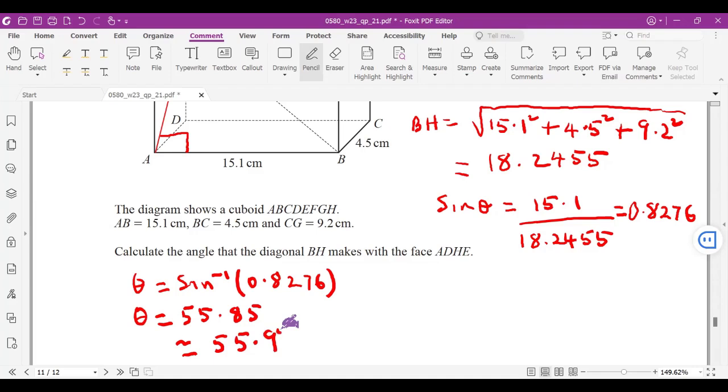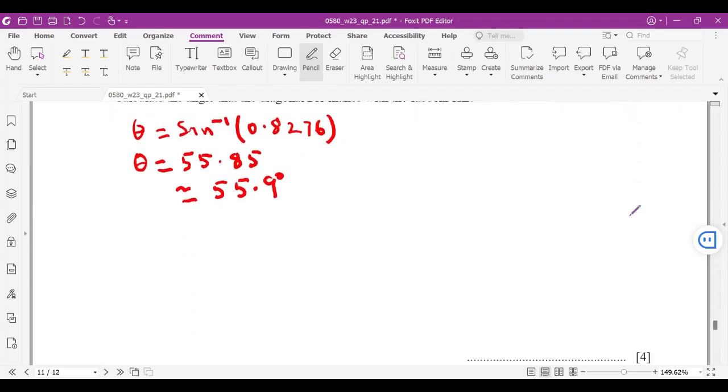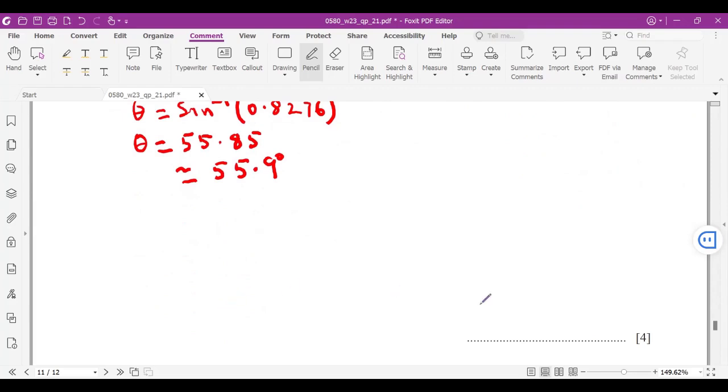We write to one decimal place. So here we write 55.9 degrees.